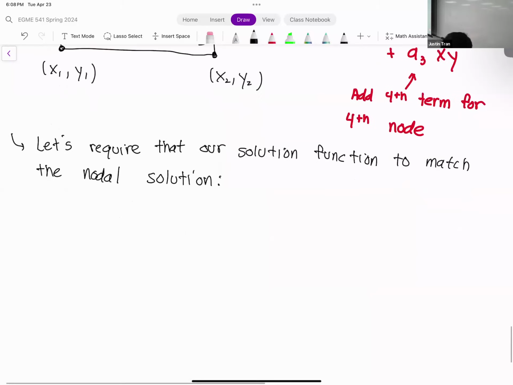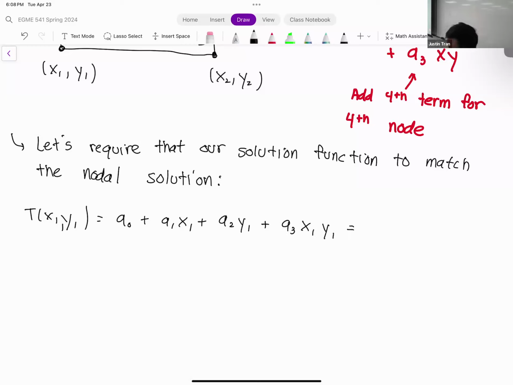So that means we're going to have T of x1 and y1 is equal to a0 plus a1 x1 plus a2 y1 plus a3 x1 y1. This has to equal the nodal solution at node 1, so this is equal to T1.